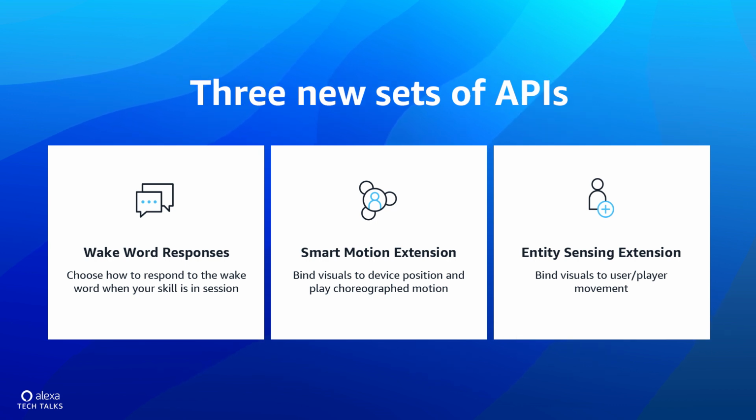The wake word responses, which will allow you to choose how the skill responds to the wake word when it is in session. The smart motion extension, which will allow you to bind visuals to device position and play choreographed motion. And the entity sensing extension, which will let you read the absolute and relative positions of the user who's using your skill.